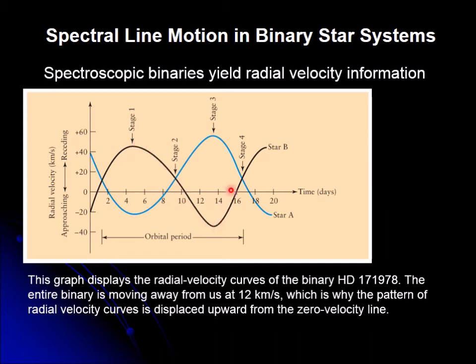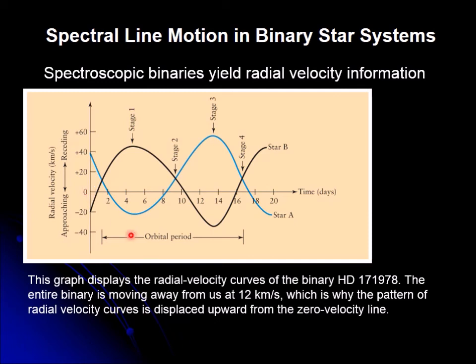Now the fact that they are not symmetric around zero down here means that the whole system is moving away from us. Otherwise, if it were stationary, it would be symmetric with respect to 0.